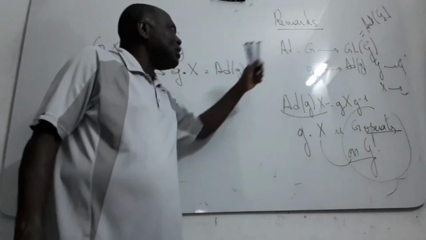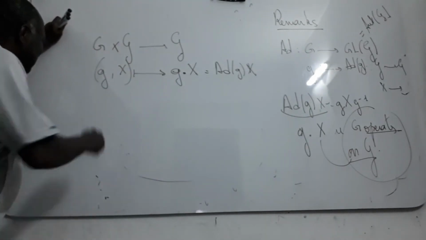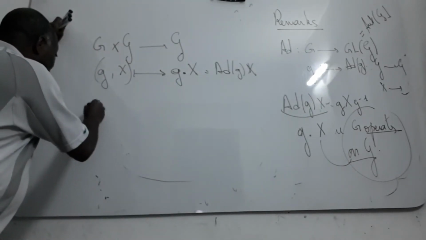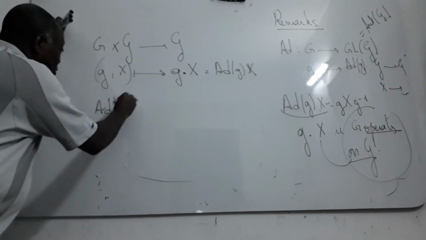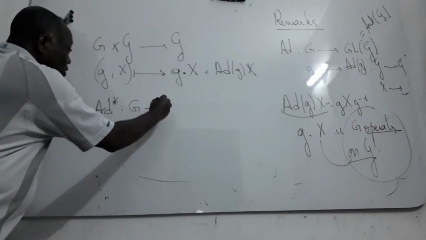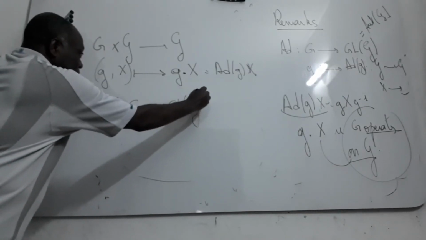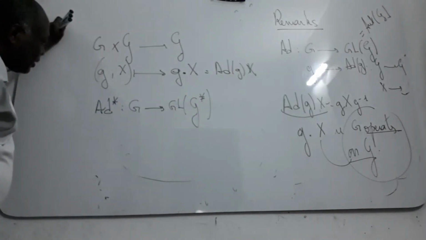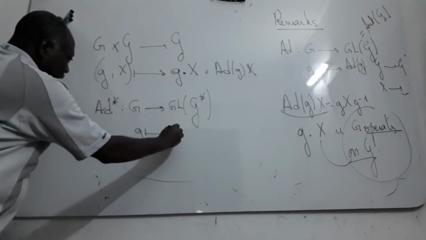Okay. Now, suppose I take the dual of this, the dual of the Lie algebra. When you take the dual, G also maps into the GL of the dual of this algebra.